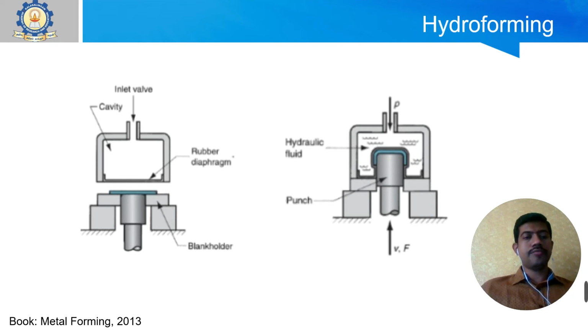The rubber diaphragm expands such that it applies a higher force on the sheet metal, which deforms and forms the required shape. Instead of the rubber diaphragm, you can also use a hydraulic fluid to apply a higher amount of force on the sheet metal, so that when you apply high pressure using this hydraulic fluid, your metal will get deformed and take the actual shape of your punch. This is called the hydroforming process.